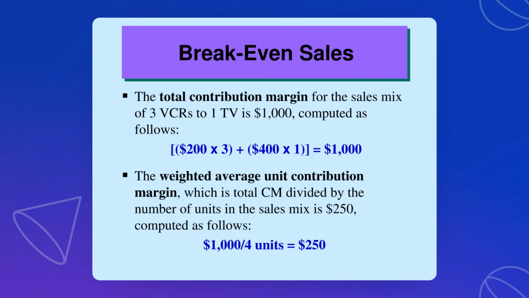So we just divide 1,000 by 4 and you have 250. The weighted average unit contribution margin of the sales mix is 250. Okay.